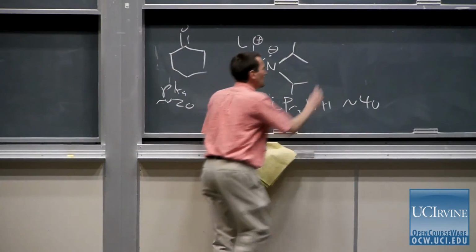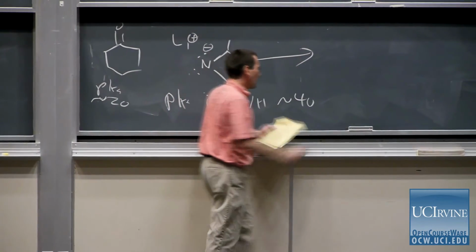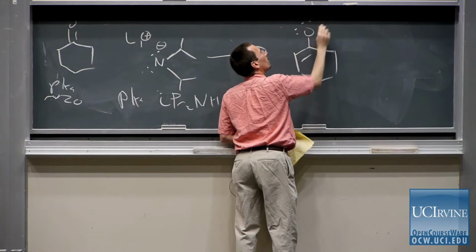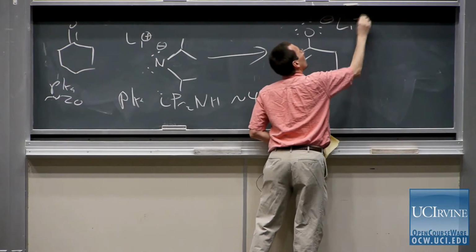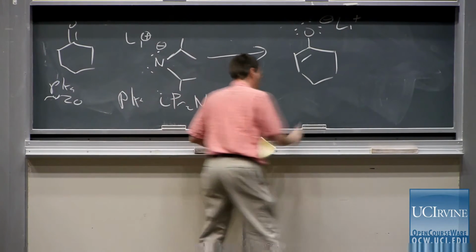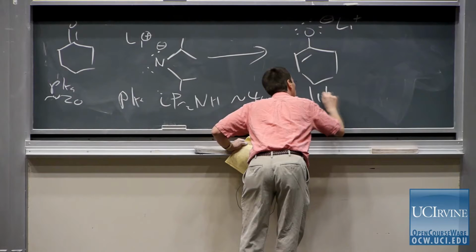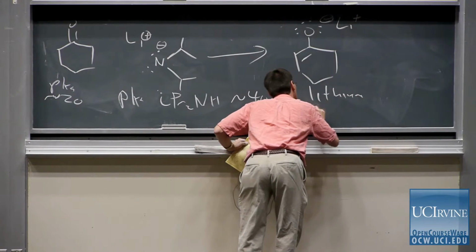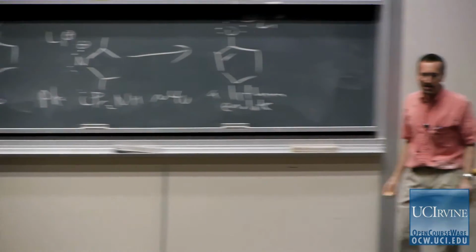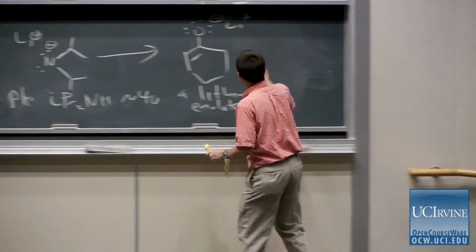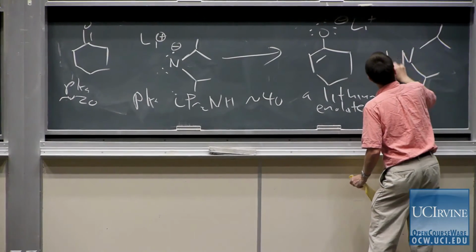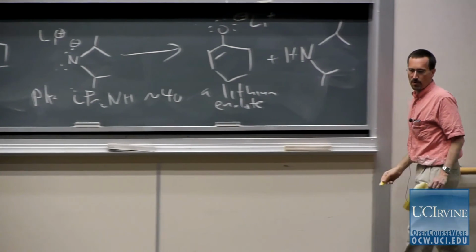So the reaction here lies so far to the right that our lithium enolate, I won't even bother to write the reverse arrow, is essentially formed stoichiometrically, and of course the other component in this reaction is diisopropylamine.